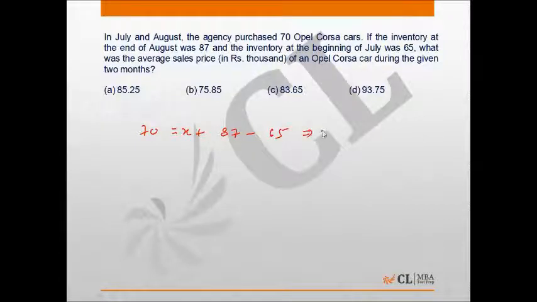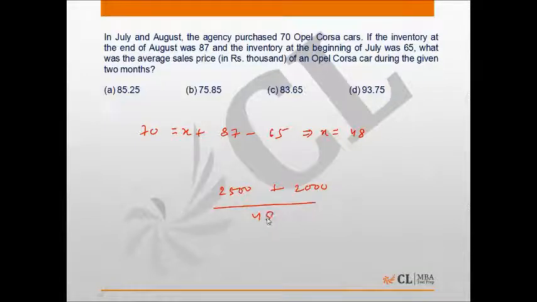From here X comes out as 48, and to get the average selling price we have to divide the total sales of Opel Corsa cars during July and August by 48. So total sales of Corsa cars in July was 2500 in 1000, and in August it was 2000 in 1000.